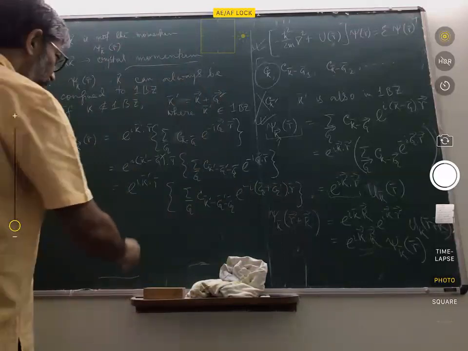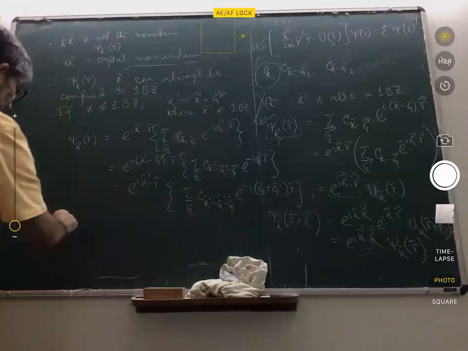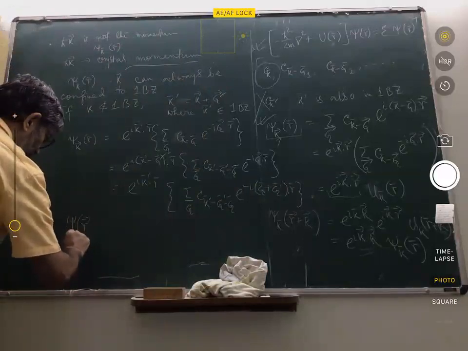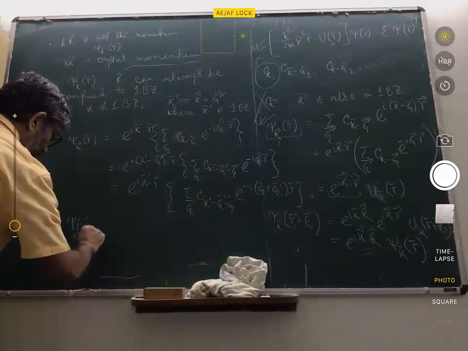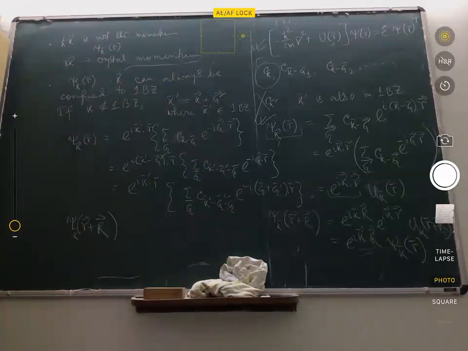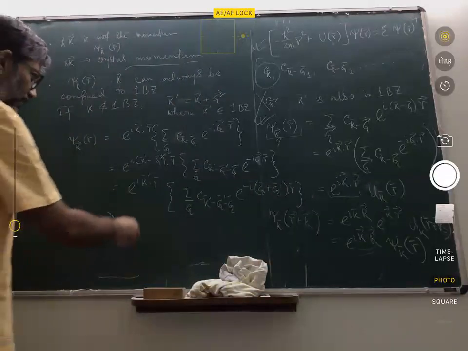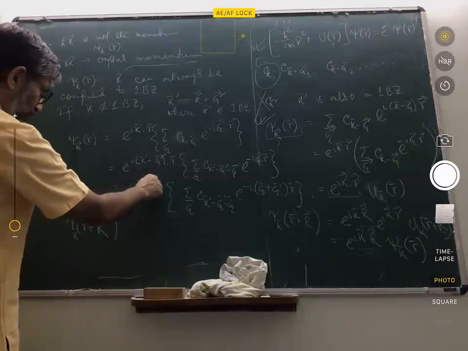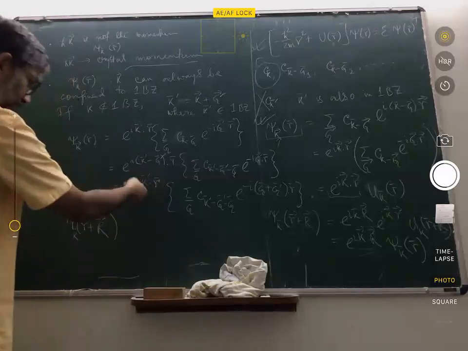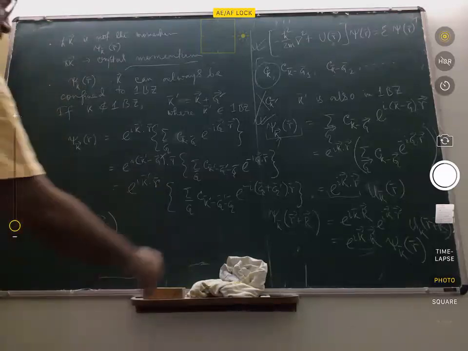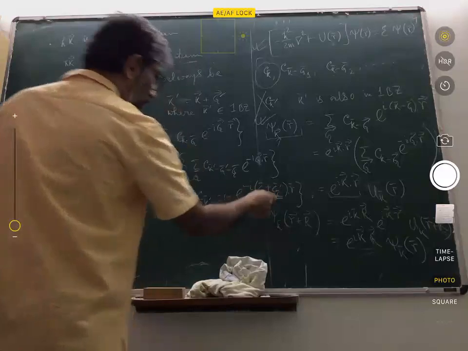Now the point is, what happens if I translate it by R? That is the whole point. If I translate it by R, I will of course get some e to the i K dot R here, but then there is also a G prime sitting here.